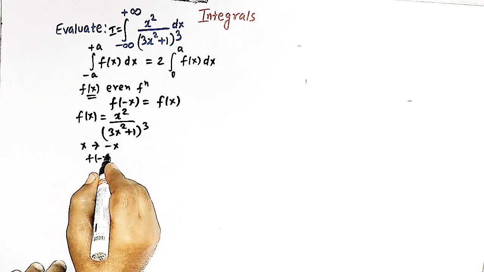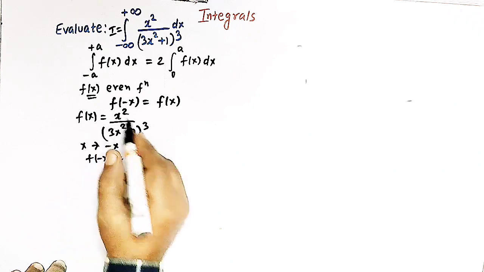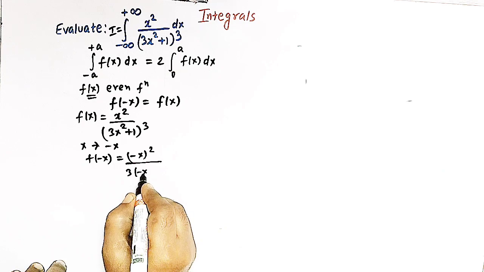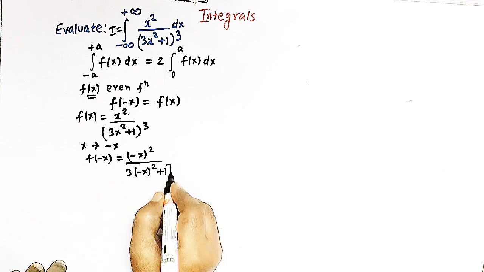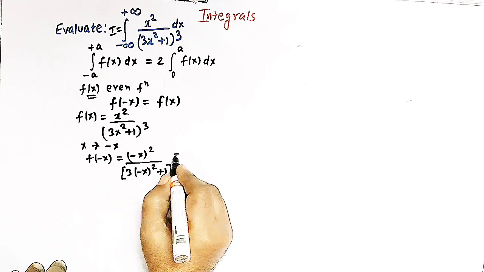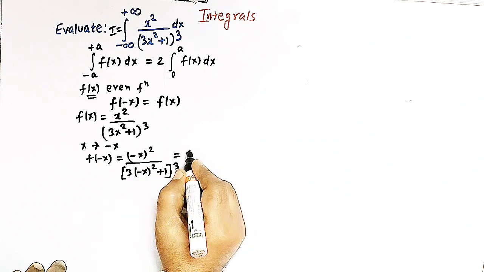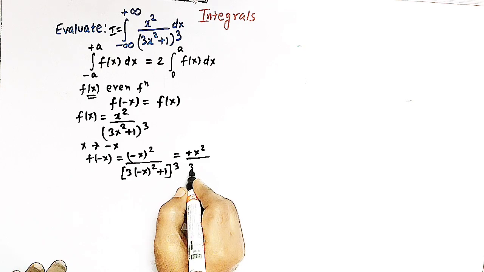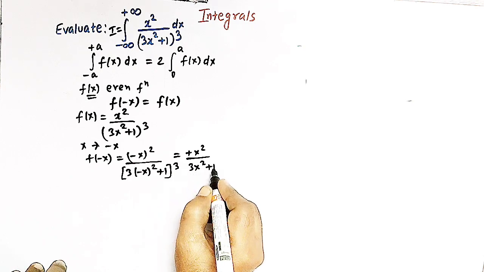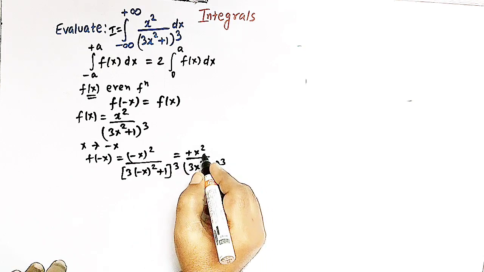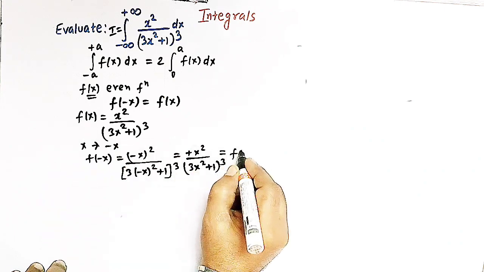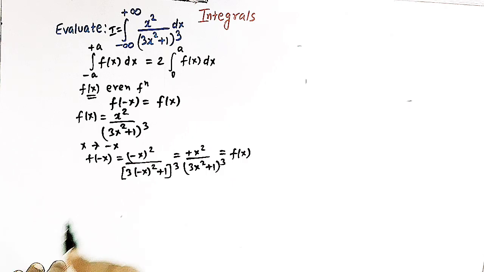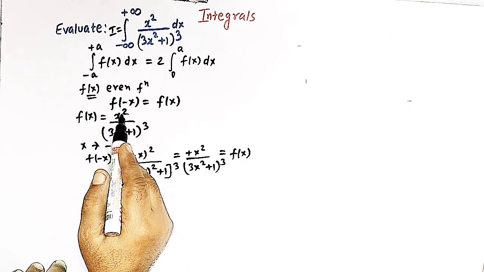So f of minus x is given by minus x square over 3 times minus x square plus 1, cubed. So minus x square is a positive x square, and here also we have positive x square, so this is x square over 3x square plus 1 cube, and this is our function f of x. So we have seen that f of minus x is equal to f of x. So this function is an even function, right?